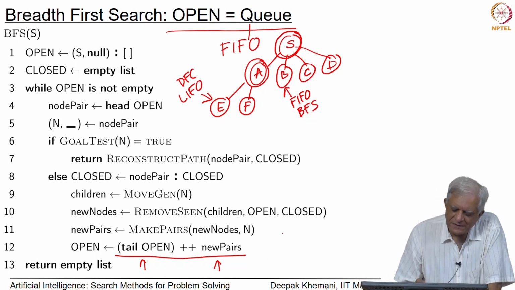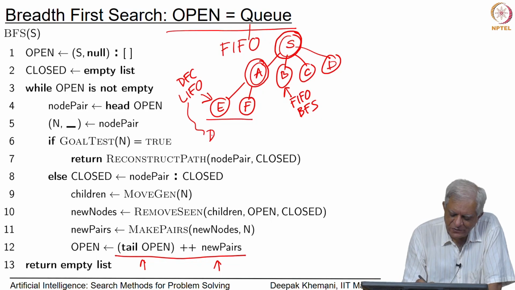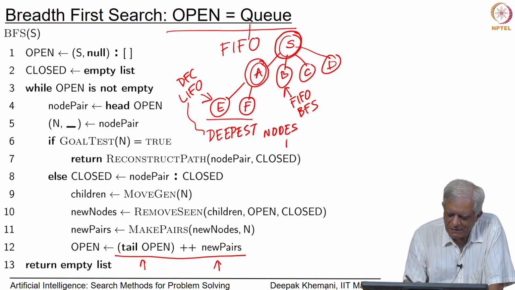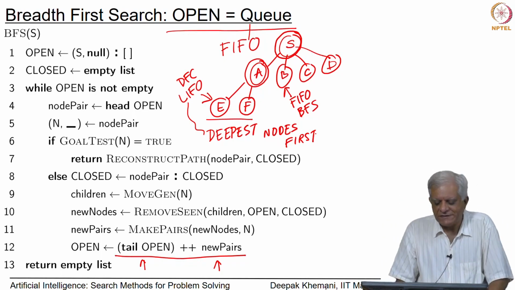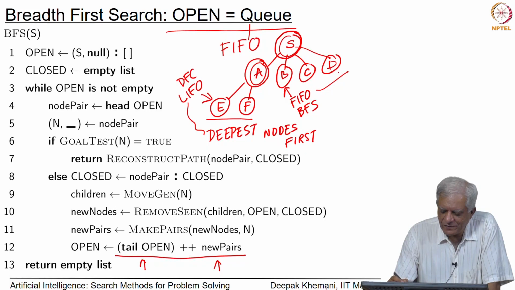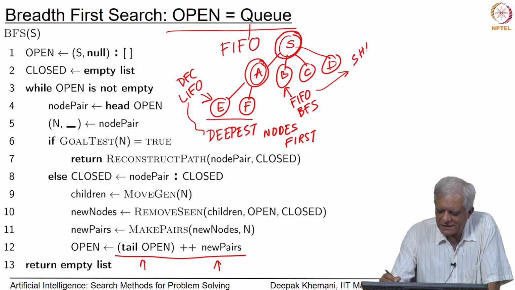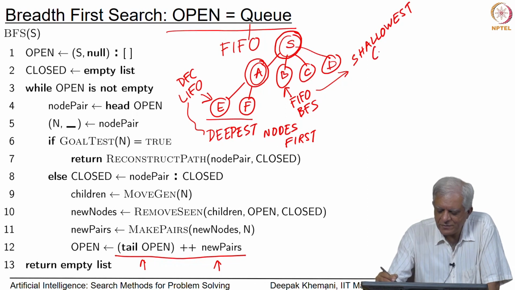At this point, we can also observe that because depth first search chose E and F, what this does is deepest nodes first, and that is why, as you can guess, it is called depth first search, whereas what FIFO does is shallowest nodes first, or you might say closest to start.